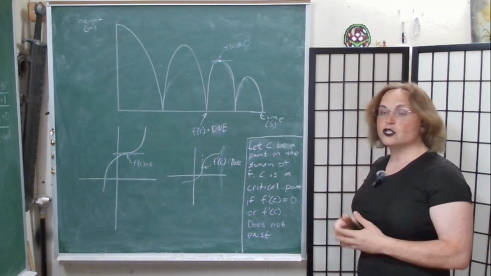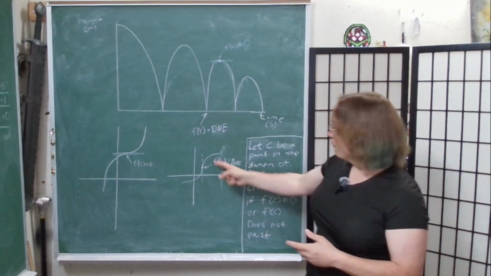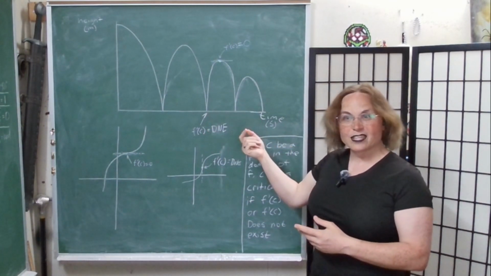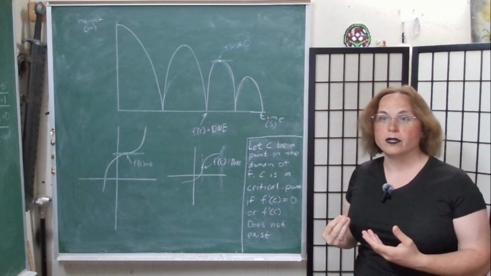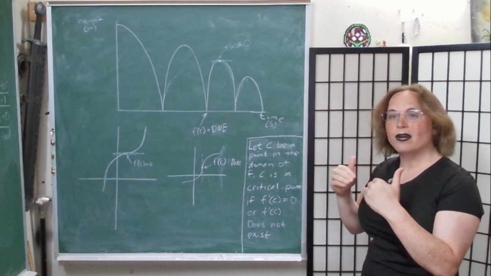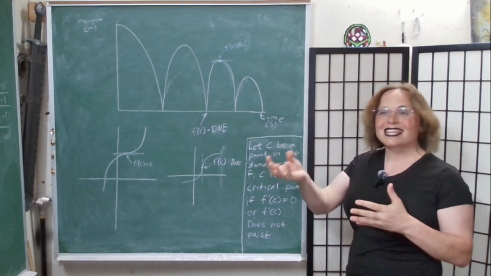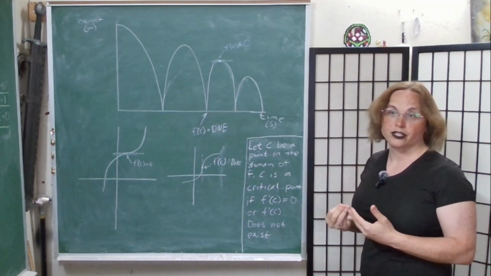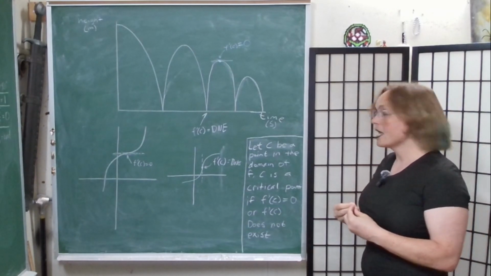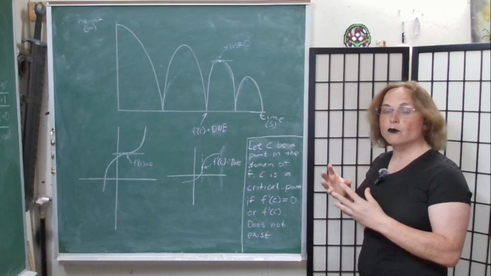And those three situations were either the vertical situation, the kind of kink in the graph, or the discontinuity. So by saying that c has to be an internal point and not a boundary point, that kicks out that discontinuity situation.